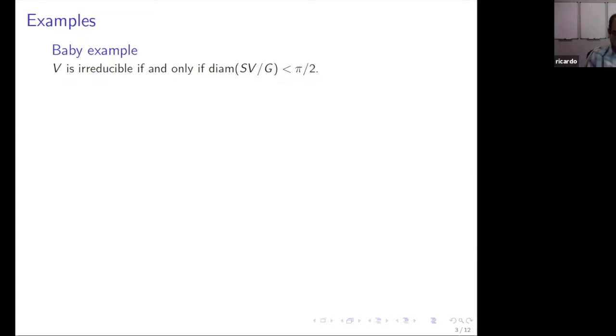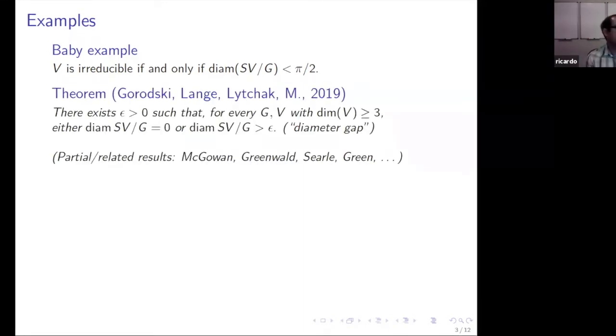Okay, so let me move on to some more grown-up examples as part of my context here. The next example is a shameless plug for a result that I was involved with last year. This is with Claudio Gorodsky, Christian Lange and Alexander Lytchak. So what we proved is that there is a universal minimum value, or let's say a gap, for the diameter of quotients.